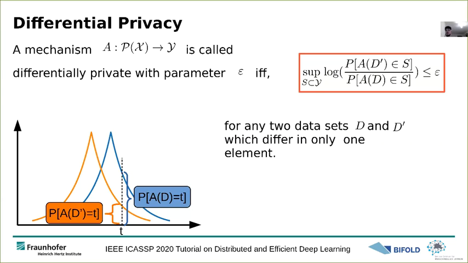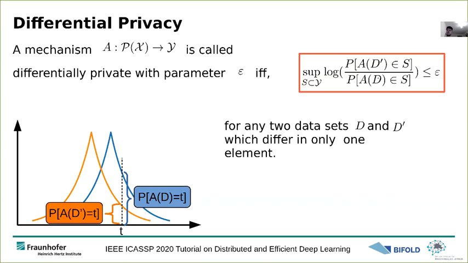This in turn means that solely by looking at the output of the mechanism A, it's almost impossible to distinguish the data sets D and D prime, which in turn means that you cannot really know whether the data point which is collected in D prime, but which isn't collected in D, is in the data set.